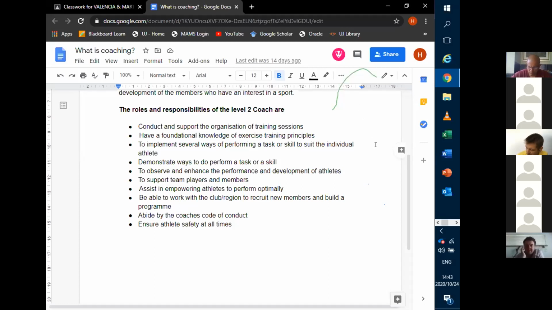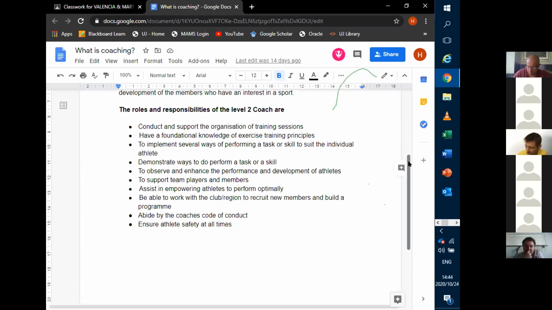Okay, and then the role of a coach is also to observe and enhance the performance and development of an athlete, and to support the team players and members. That is such an important thing, that you support each member that you coach, and if you've got a team, to support them as well. You assist in empowering the athlete to perform optimally, okay?